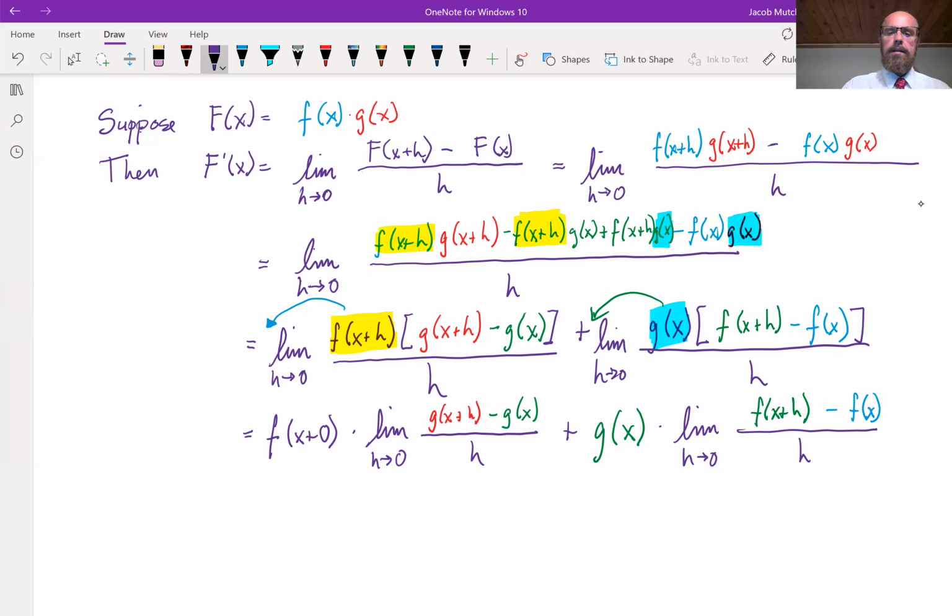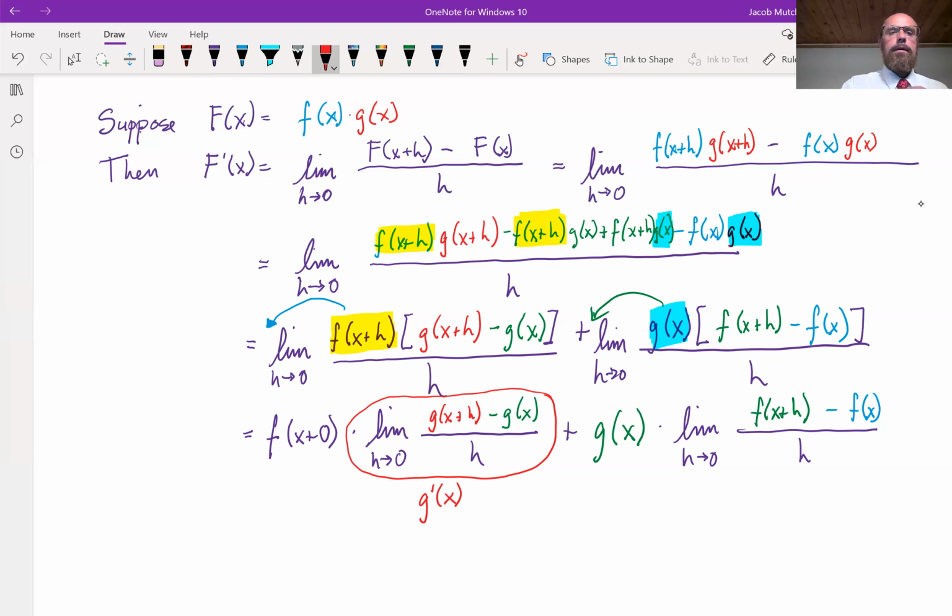What I need to identify is that this limit on the left-hand product there, the limit as h approaches 0 of g of x plus h minus g of x over h, that is the derivative of g of x by definition of derivative.